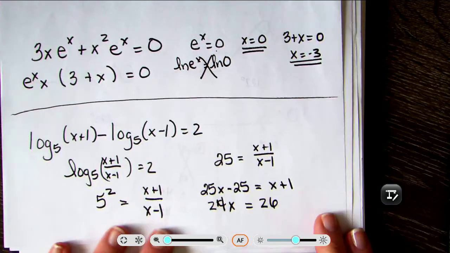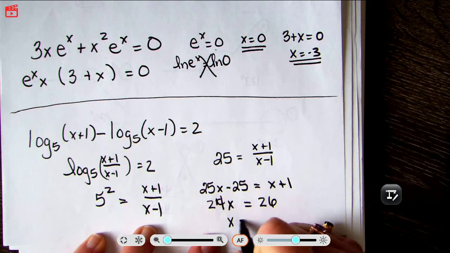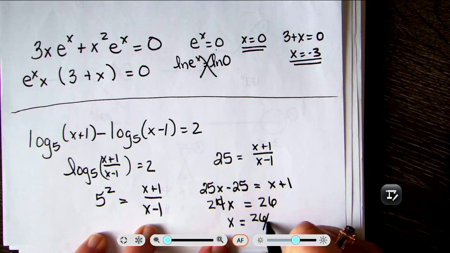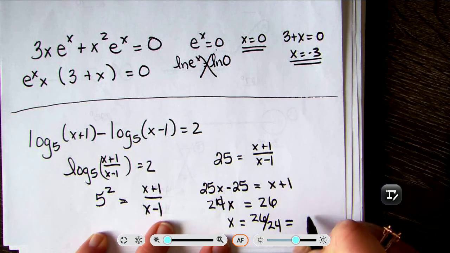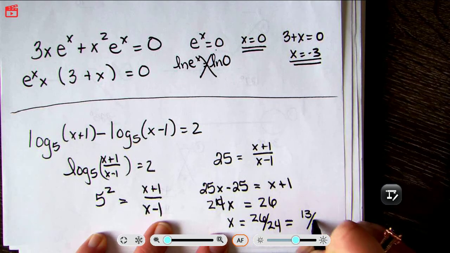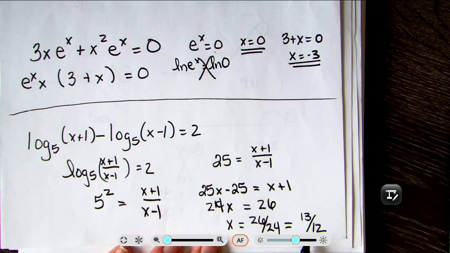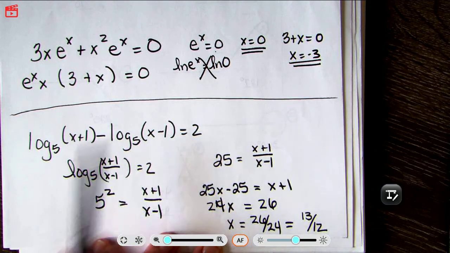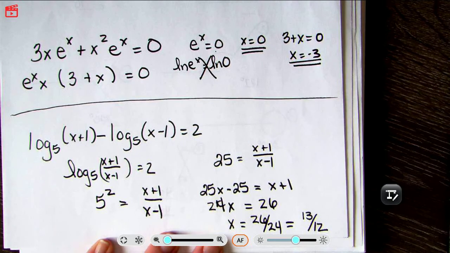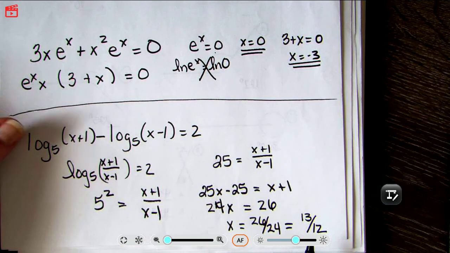And now dividing by 24, which is 13 over 12. And double checking to make sure that I don't make anything negative. Got real close here, but this is bigger than 1, so subtracting off 1, we're still positive, so we are okay.